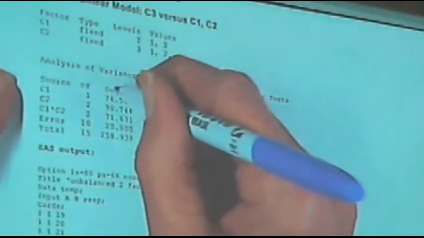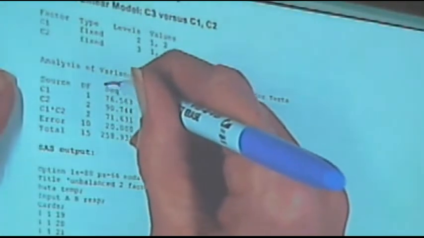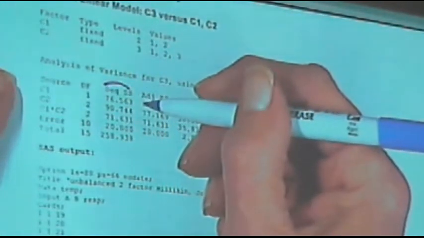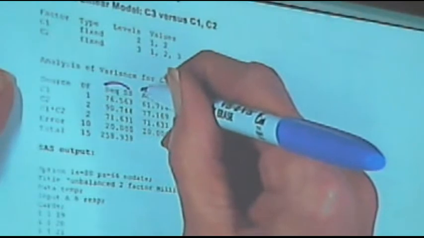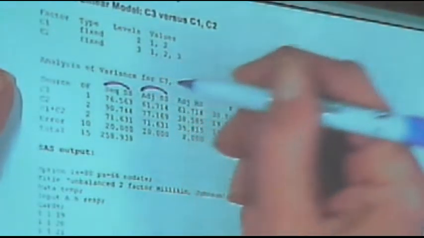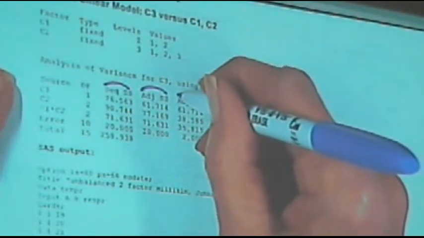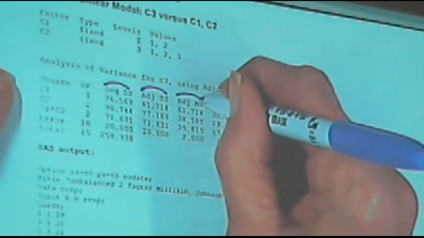So it first of all gives us sequential sums of squares, whatever those are. Then it gives us adjusted sums of squares. Then it gives us adjusted mean squares.